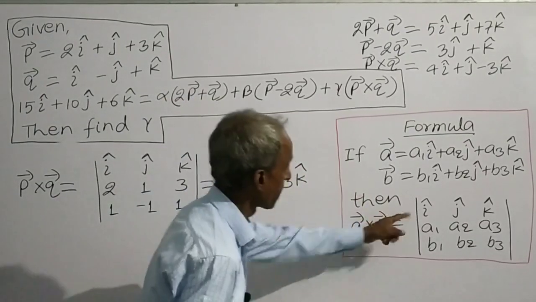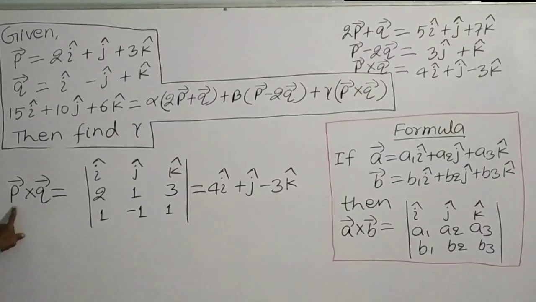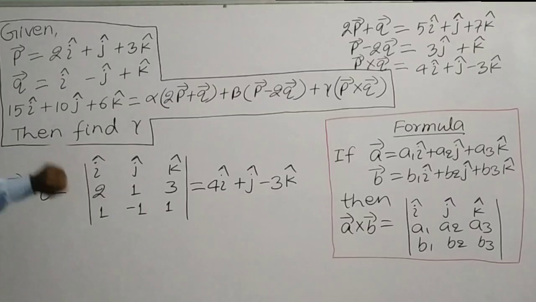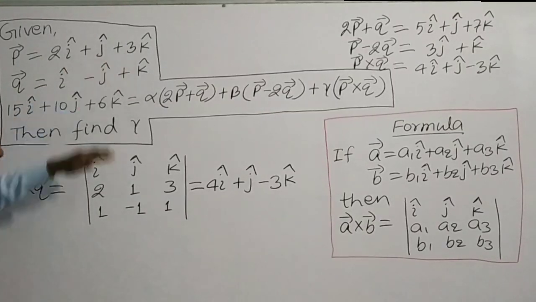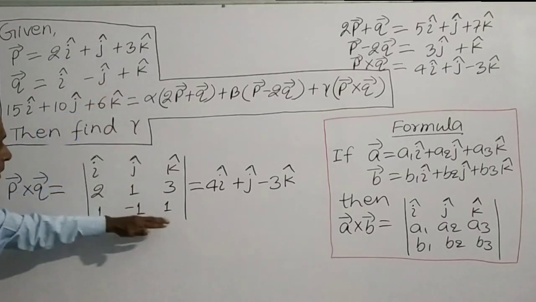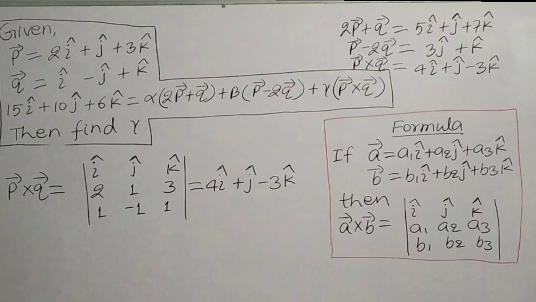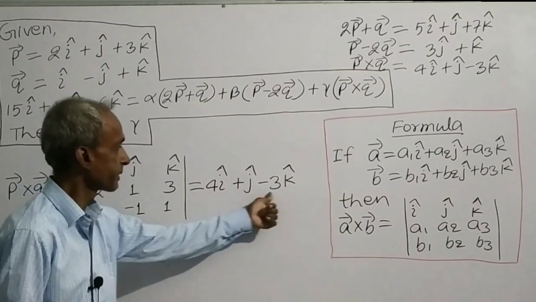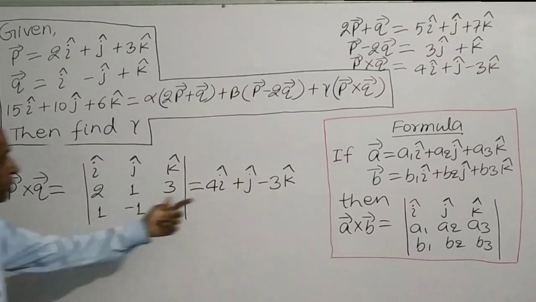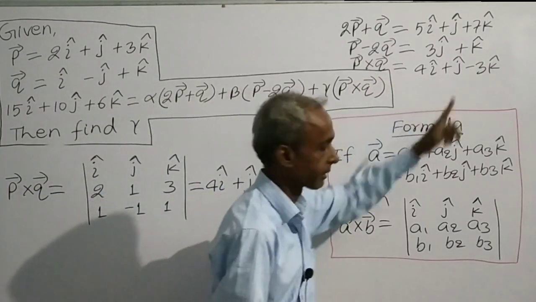By using this formula, we write here P cross Q, vector P cross vector Q, IJK in the first row, 2, 1, 3 in the second row, 1, minus 1, 1 in the third row. After expanding this determinant, we get this. That means vector P cross vector Q is equal to this. We write this here.